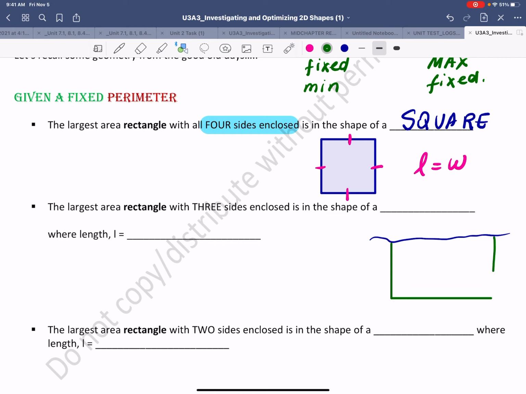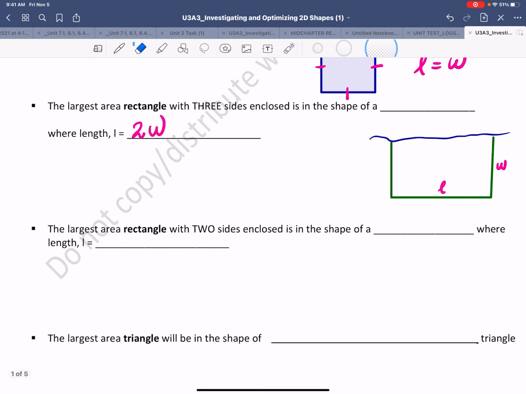In this case, the largest area will be ensured when the length and the width are connected to each other by the equation length equals twice the width.